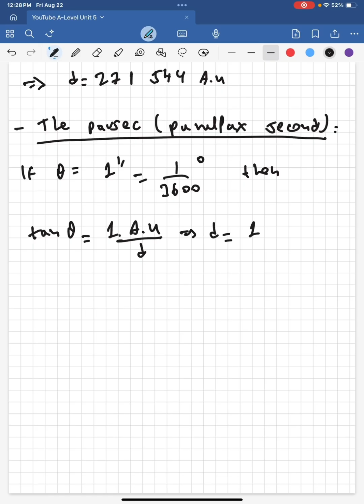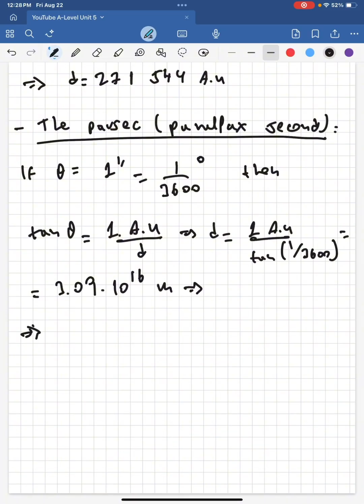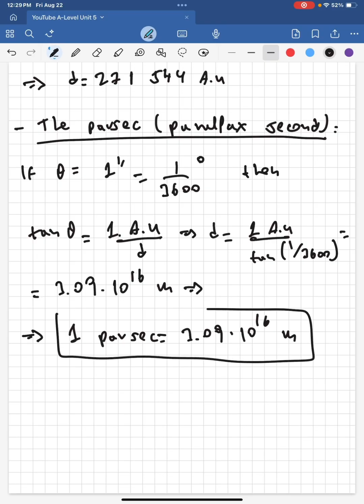So d is 1 AU over the tangent of 1 over 3,600, which is equal to 3.09 times 10 to the 16 meters. So 1 parallax second, or 1 parsec, is equal to 3.09 times 10 to the 16 meters.